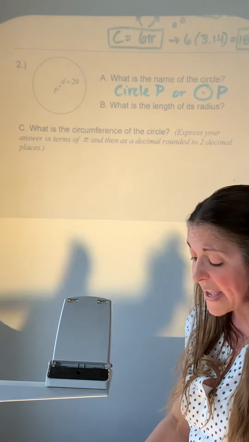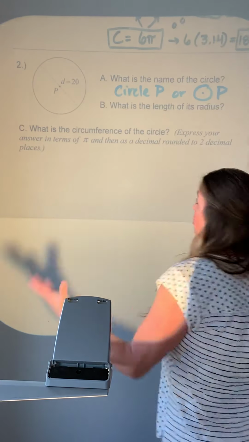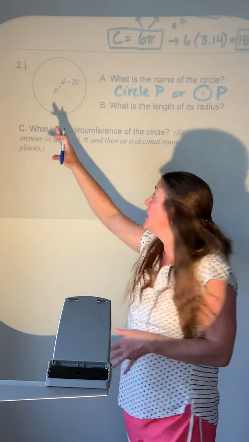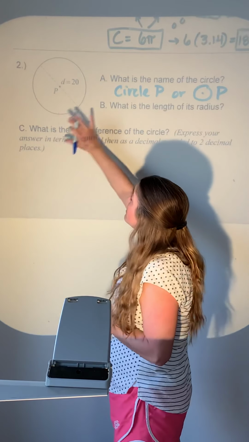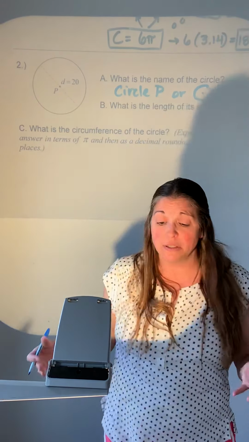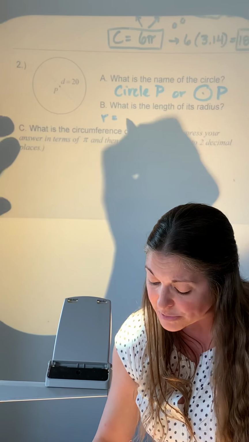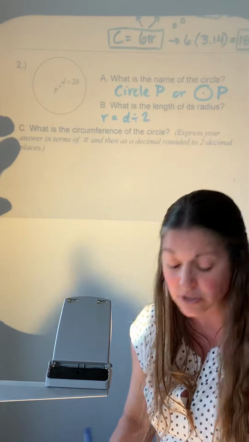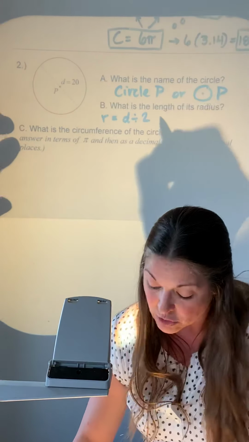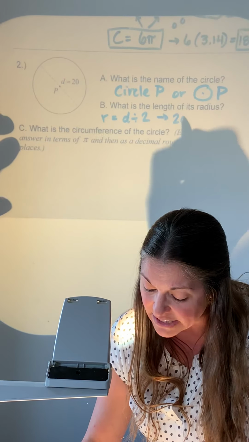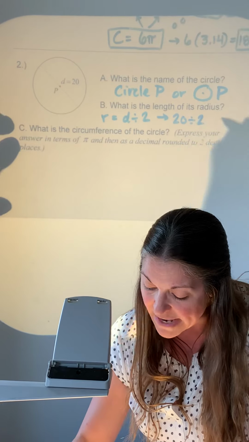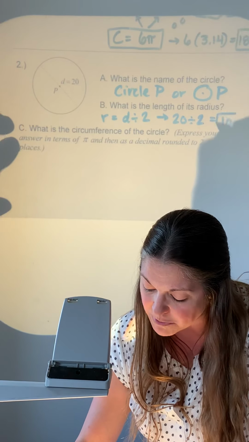So notice that I'm asking for the radius because it's just the one dimension they haven't given me. Instead, this time I'm given the entire diameter. So therefore, I need to remember that the radius is really just the diameter divided by 2. So I'm going to take that diameter that was given to me, divide by 2, and that will give me 10.